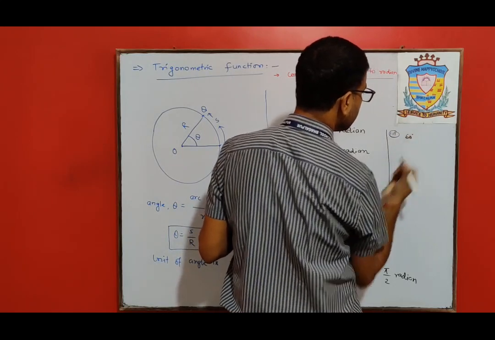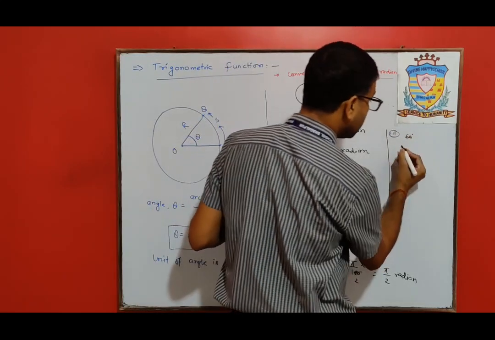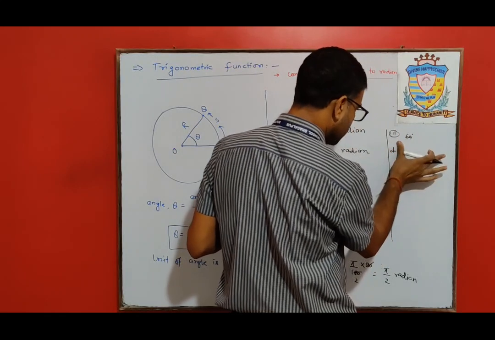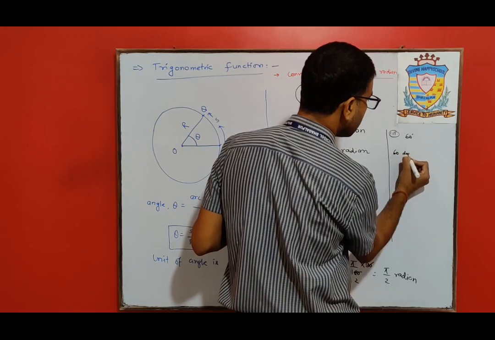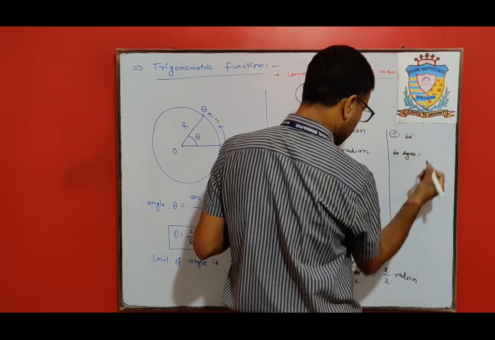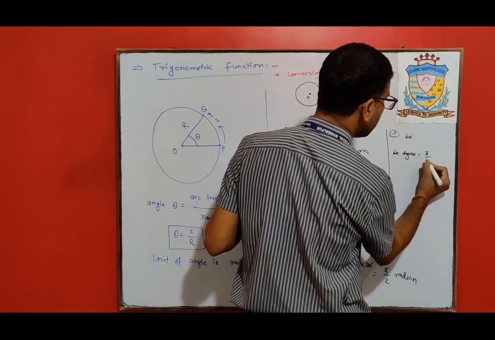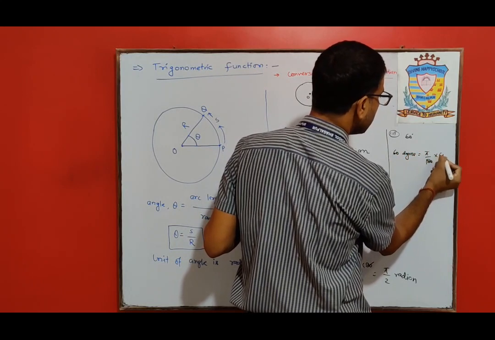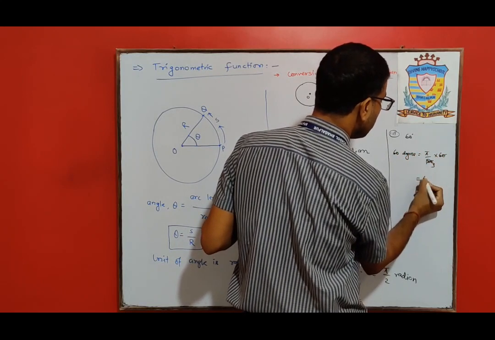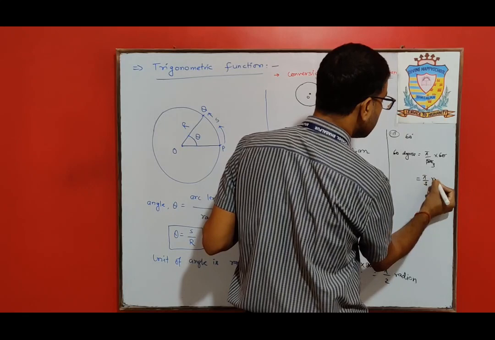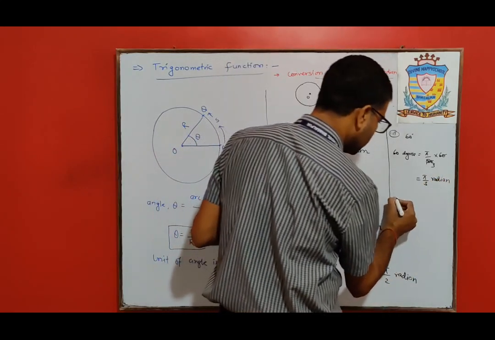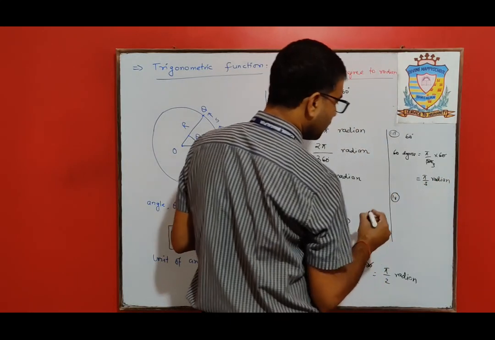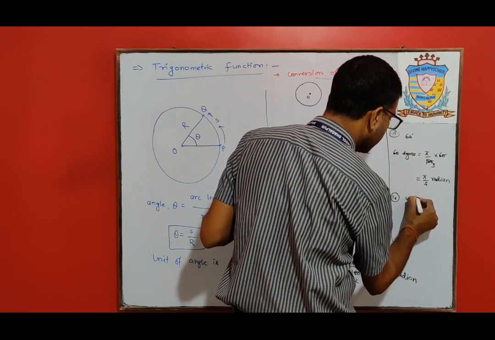60 degree. So 60 degree is equal to pi upon 180 into 60. So pi by 3 radian. Fourth, for example, 45 degree.